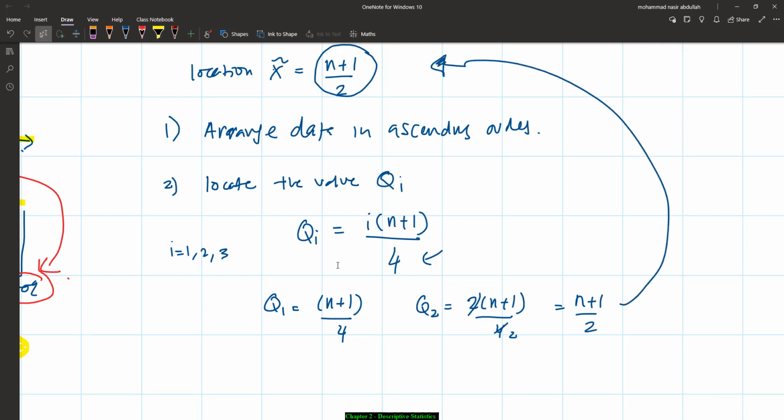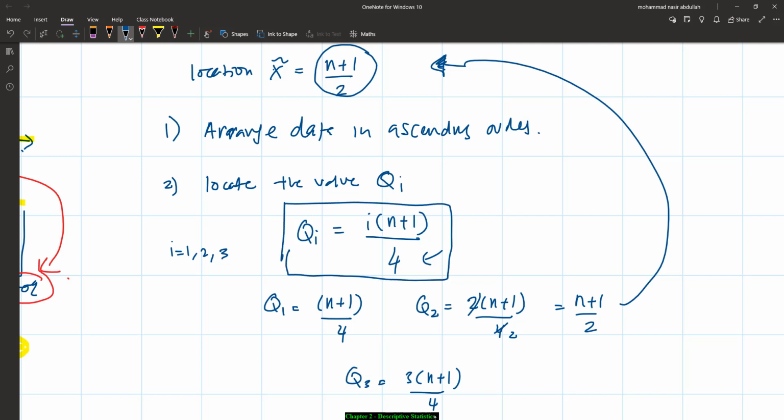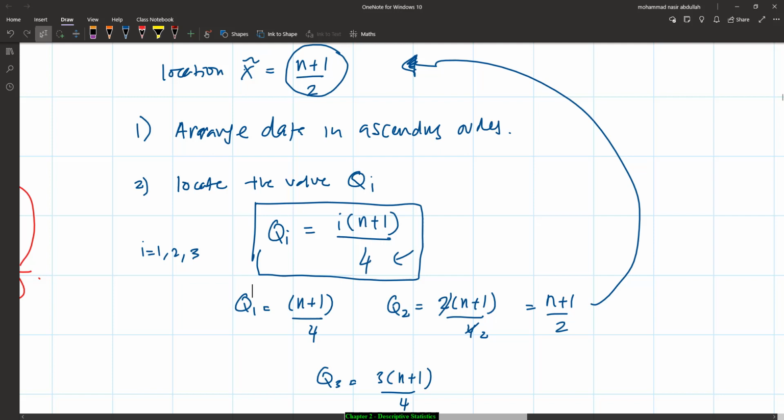For quartile number 3 will be 3 multiplied with n plus 1 divided by 4. Very simple formula. We just need to remember the general formula. Any question before we proceed further?